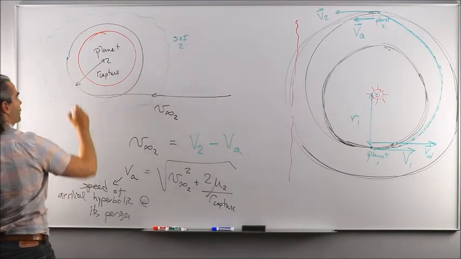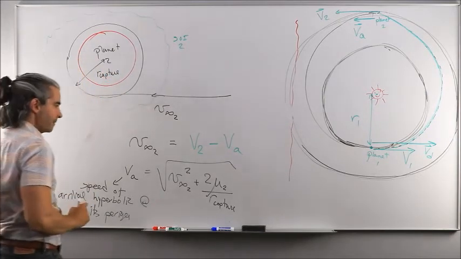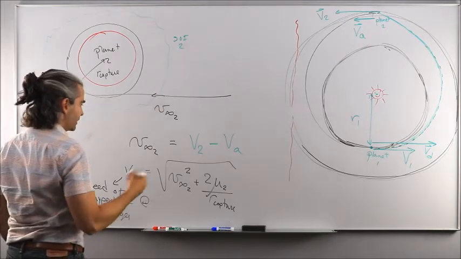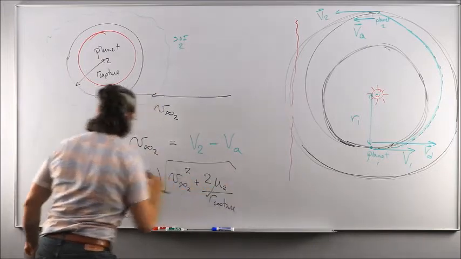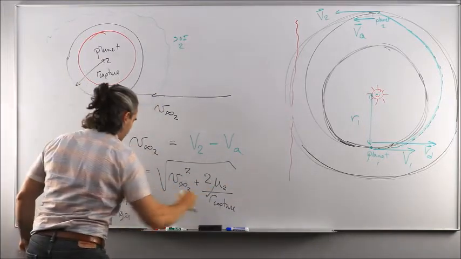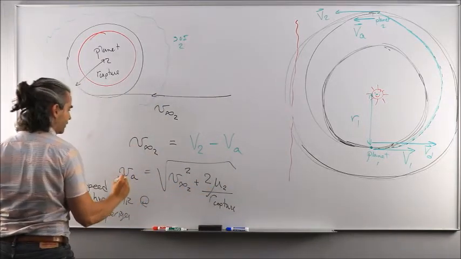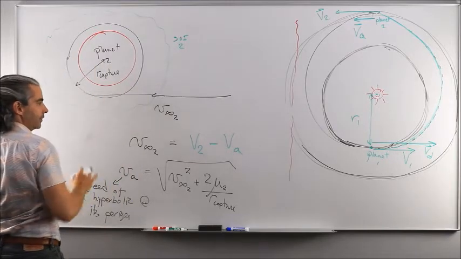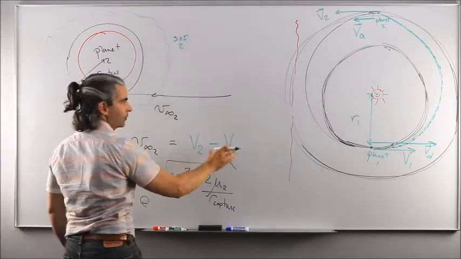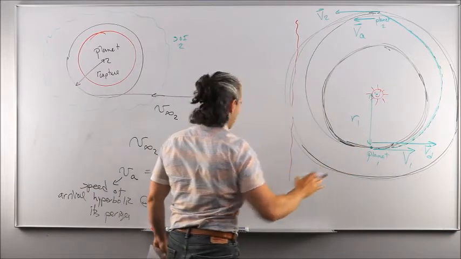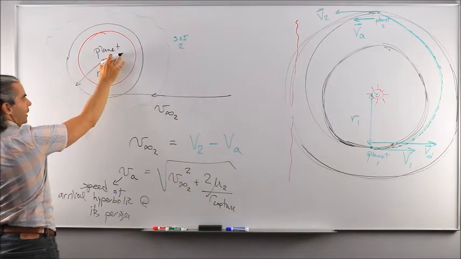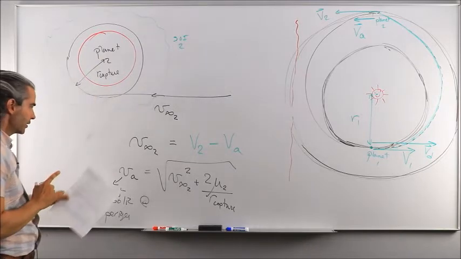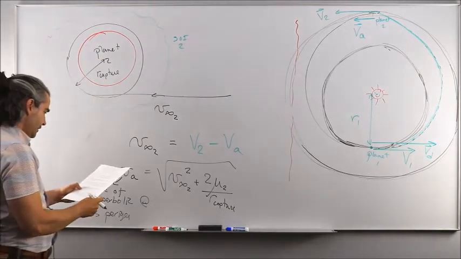Okay? So this is how you could relate V infinity to the speed, which I'm going to use a small letter because this is the speed from that perspective, right? The capital V's were from the speeds from the heliocentric perspective, but now we're shifting the focus to planet perspective. So this is what you would get.